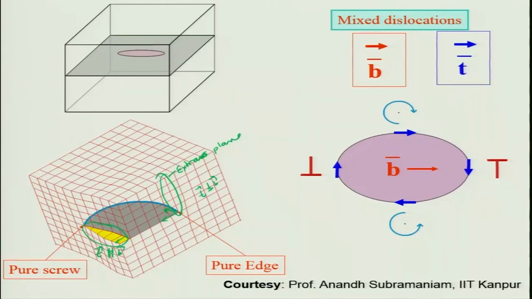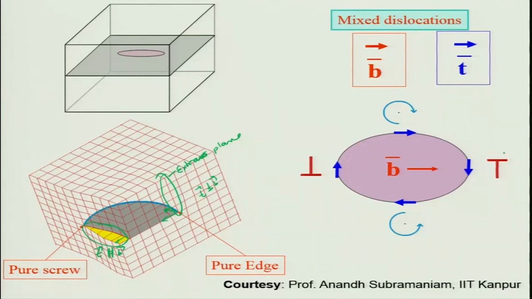So as a result you can see there is a loop, and you can have this in the form of a loop. If this is the overall Burgers vector that you have, wherever you have B parallel to T, that will make a screw dislocation, and the screw dislocation is depicted by these screws. This is the right-hand screw, this is the left-hand screw, or you can say this is clockwise, this is anti-clockwise, so this is generally a negative screw dislocation, and this is a positive screw dislocation.